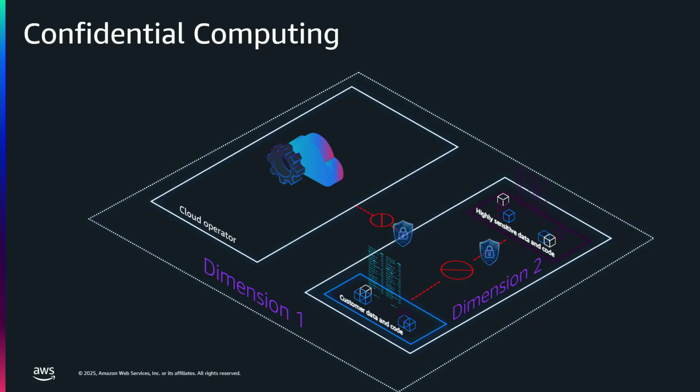Dimension 2, on the other side, is when it's about your applications fending off access from either your own operators or from somebody that's running this execution environment, like what we were showing earlier in the AI model example.